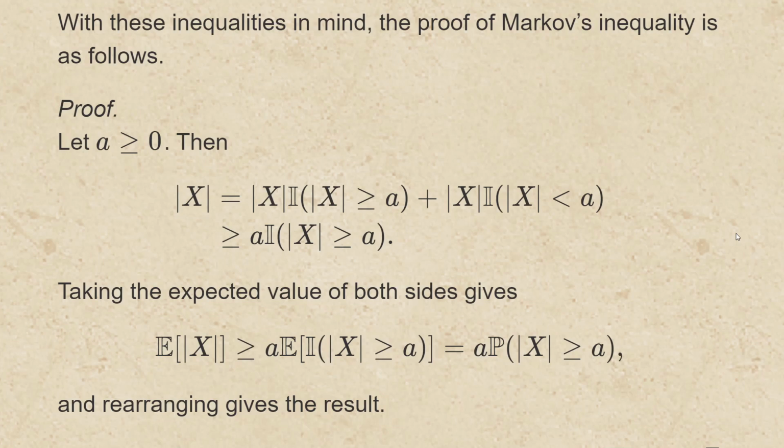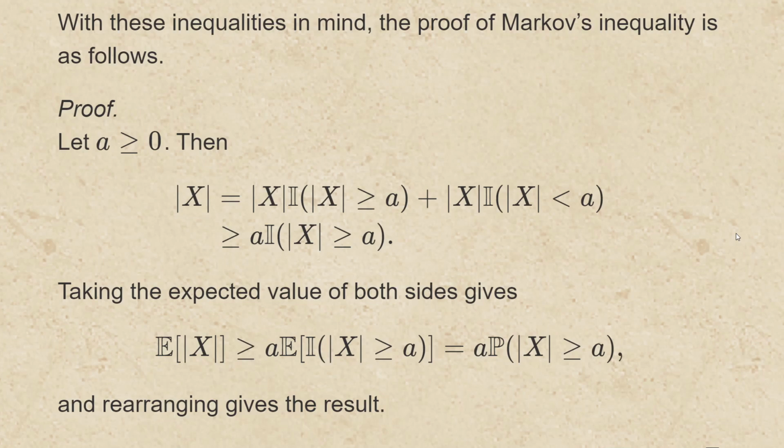Let a be greater than or equal to 0. Then the absolute value of X equals the absolute value of X times the indicator that the absolute value of X is greater than or equal to a, plus the absolute value of X times the indicator that the absolute value of X is less than a. That's greater than or equal to a times the indicator that the absolute value of X is at least a.